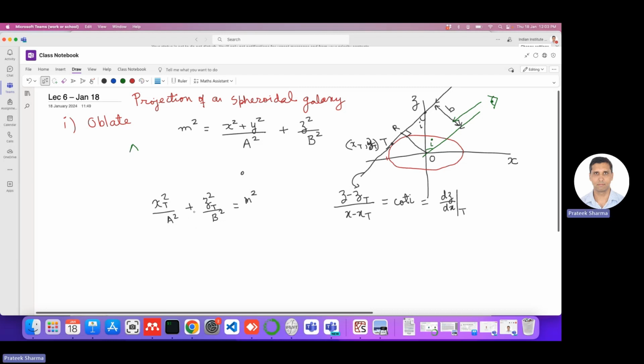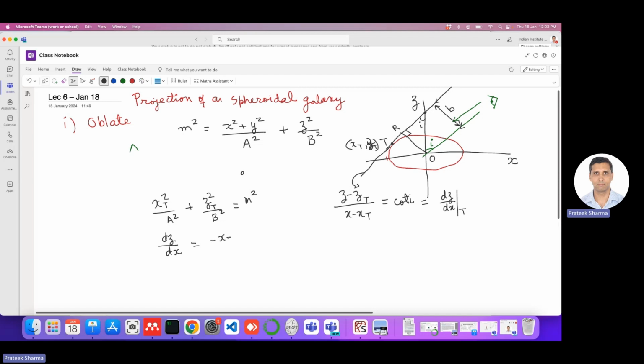So if we take the derivative at the tangent point, we can calculate dz by dx evaluated at that point.